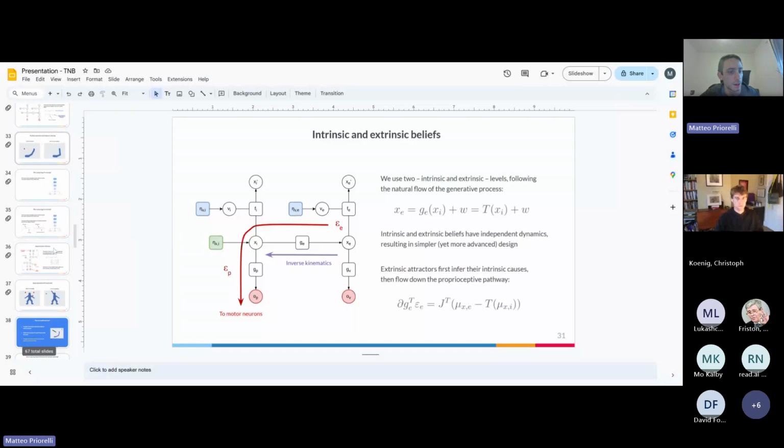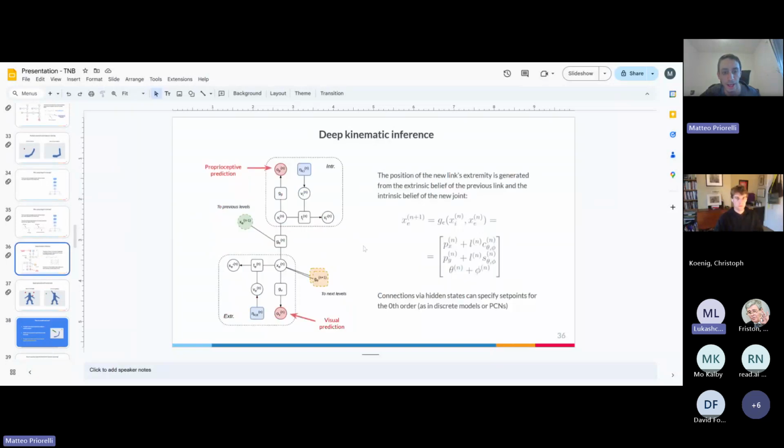However, on slide 31, if you consider the deep hierarchical model, we start from an extrinsic position, which is the absolute position of your body in the environment, which could be your trunk. From that, by keeping beliefs about the origin of your joint angles, you generate in an iterative way the Cartesian positions of your limbs.